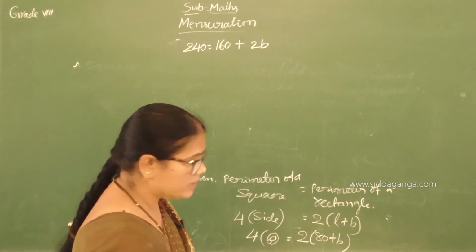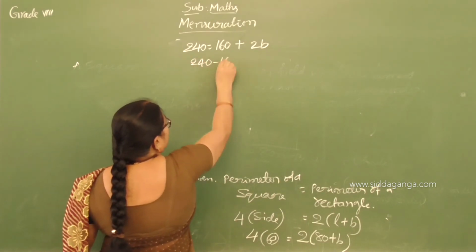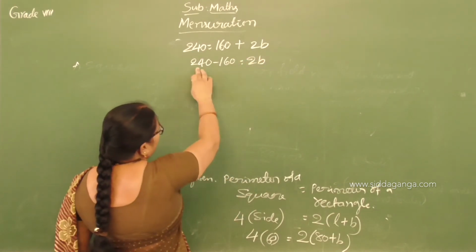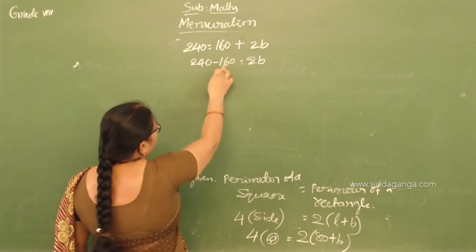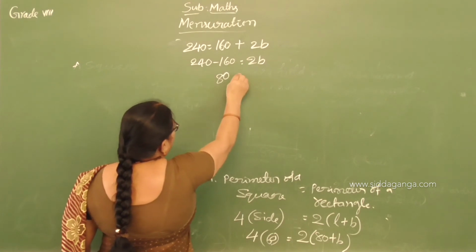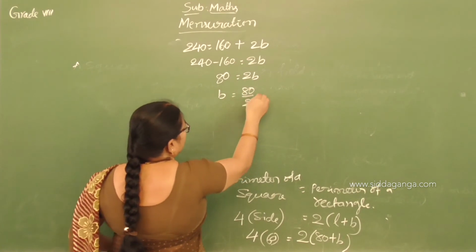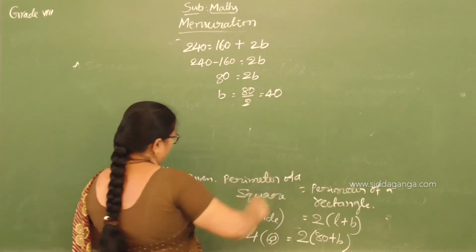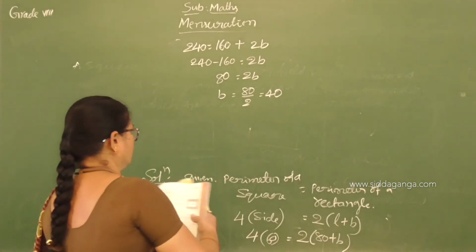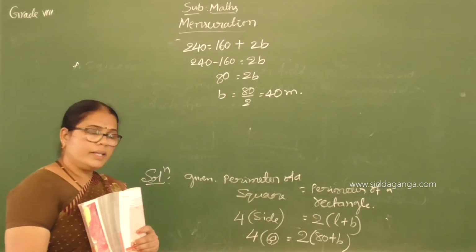Next, 2b is equal to 240 minus 160, which is 80. That will be equal to 2b. b is equal to 80 by 2, that will be equal to 40. Breadth of the rectangular field is equal to 40 meter.